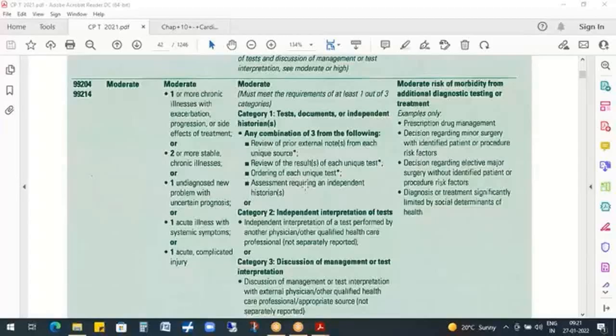Nowadays this code description is changed, like medically appropriate history and exam. That means the physician needs to document the history and examination, but no need to evaluate them. Only MDM and time we are looking for.